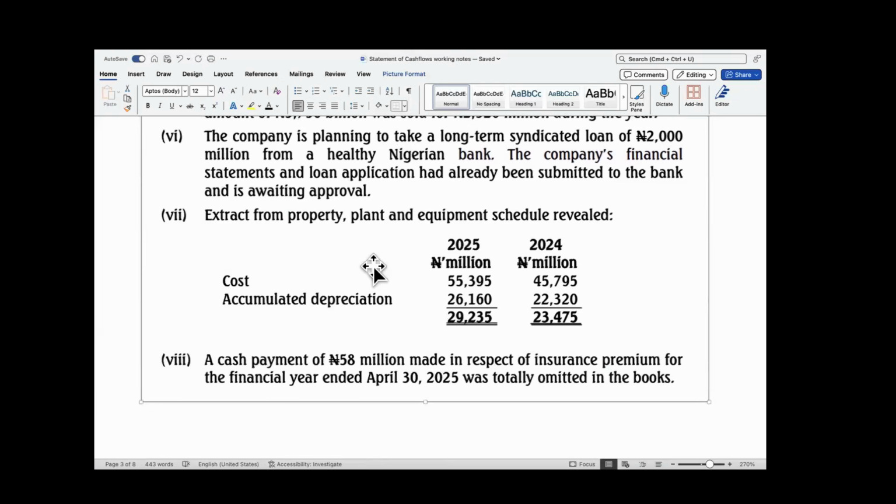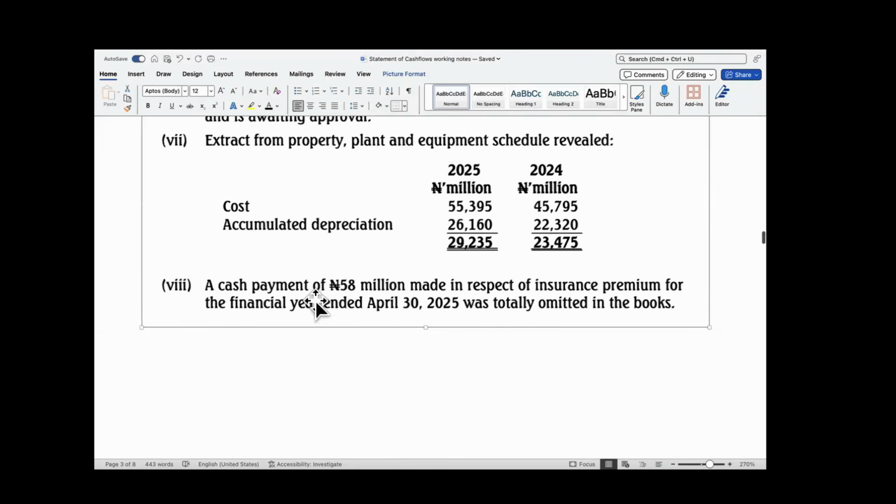Also, they gave me the PPE schedule, good. So this helped me to see the movements clearly. And they actually made a cash payment. They paid, but they omitted it from the books. So I just need to recognize it in the P&L, and I'll show it as an outflow when I'm doing my operating activities as insurance premium.